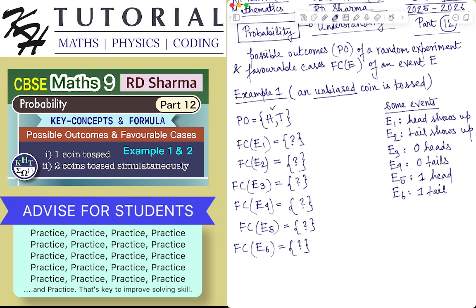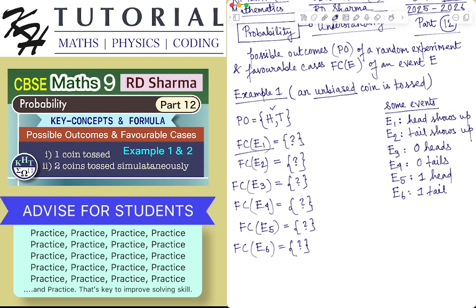Now let's see what the favorable cases of the event E1 are. For a random experiment, when an event is defined, we must have some favorable cases, and those favorable cases are primarily the elementary events from the possible outcomes. I am denoting the favorable cases for the event E1 as FC E1.